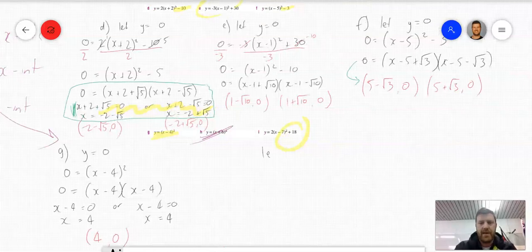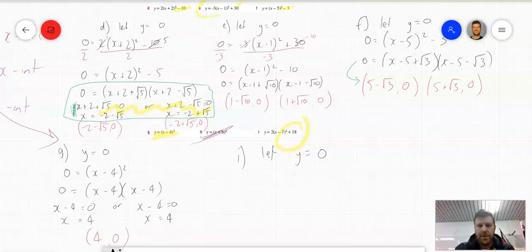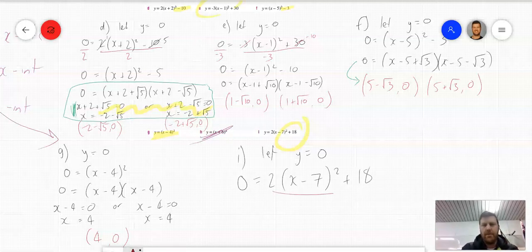So if I just say for I, let y equal 0, so 0 equals 2 times by (x − 7) all squared plus 18. In fact, let's go ahead and just get rid of that 2, dividing by 2 on both sides.